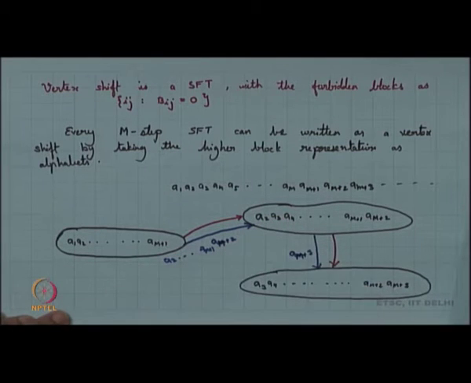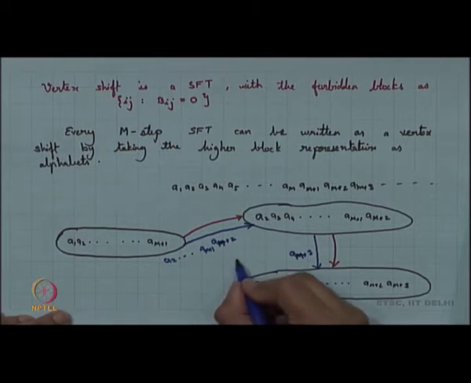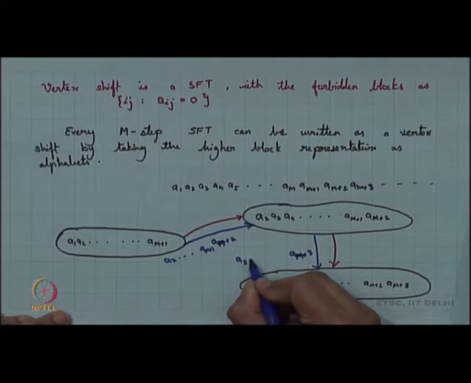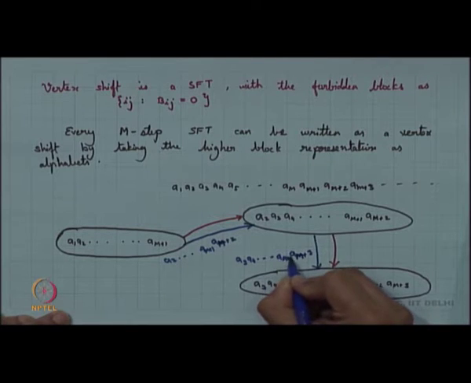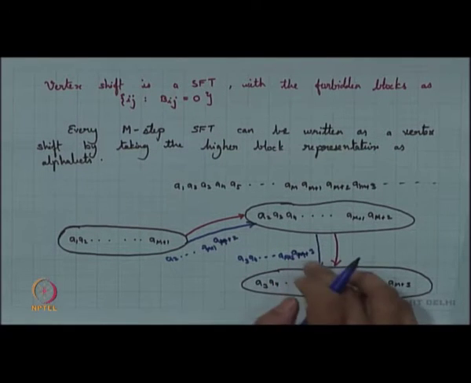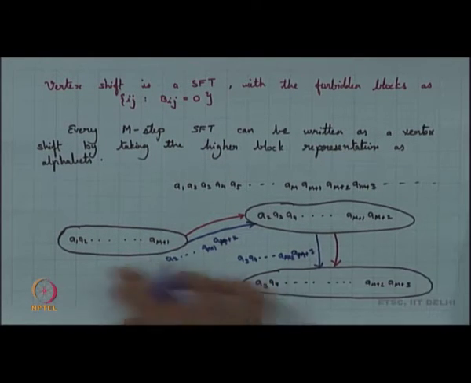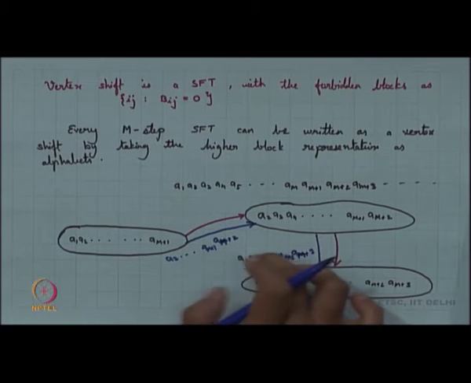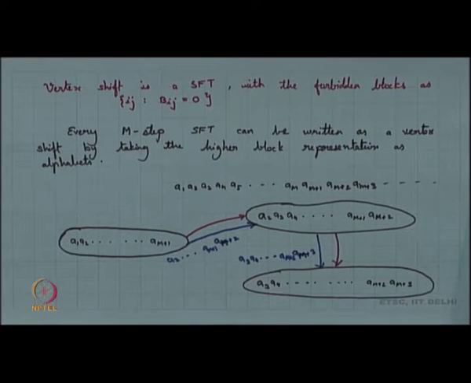So we call this the factor, and we call this A3, A4, A_{m+2} and A_{m+3}. So we are labeling the edges, and this is basically our higher block version of the edges.